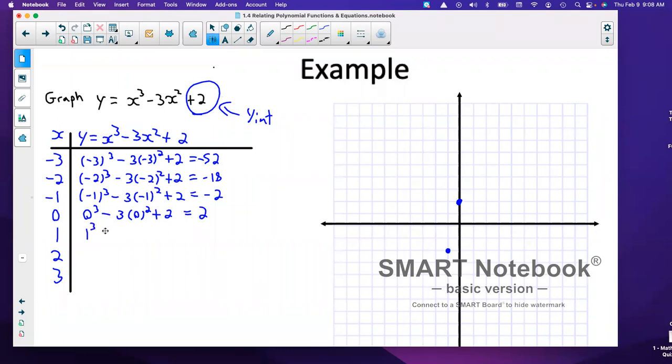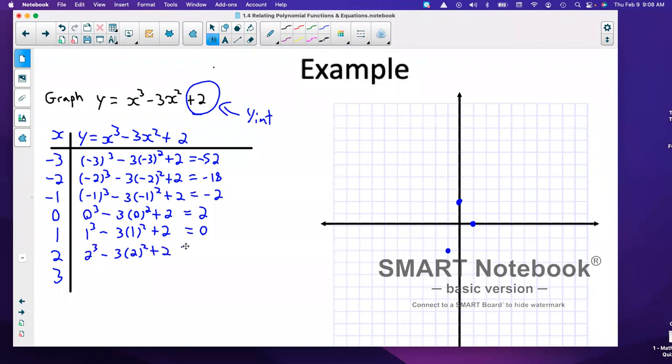Next, we have 1 cubed minus 3 times 1 squared plus 2. So that gives us 0. So at 1, we are at 0. Next, we have 2 cubed minus 3 times 2 squared plus 2.